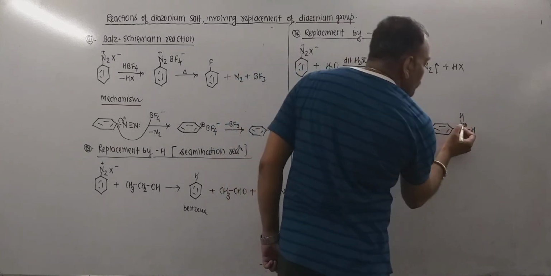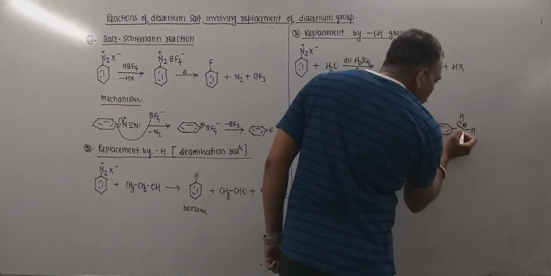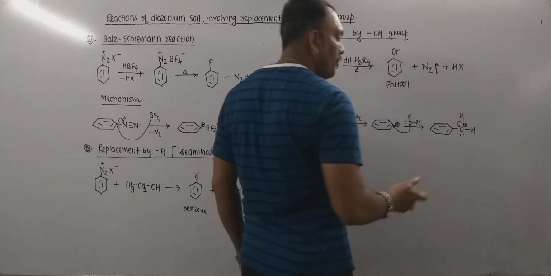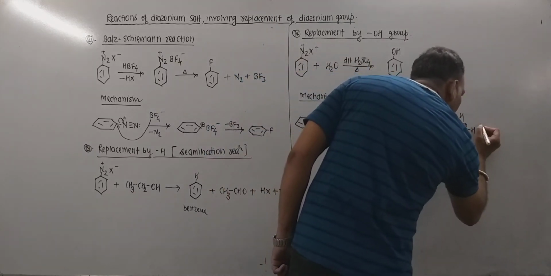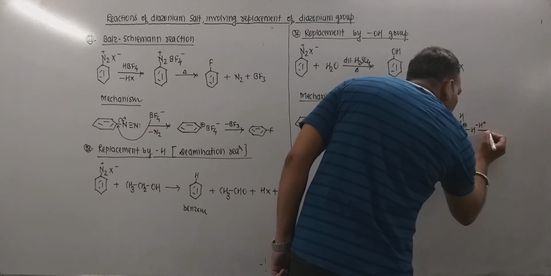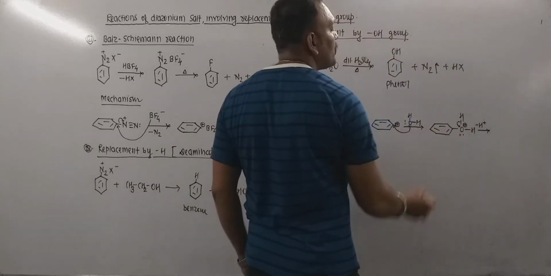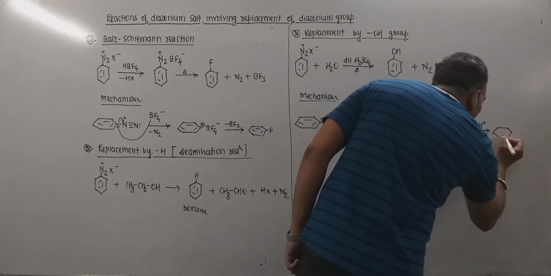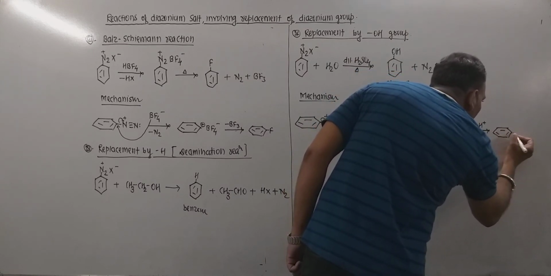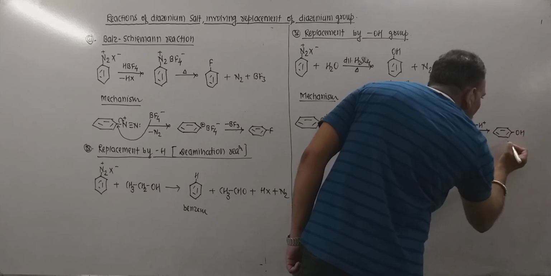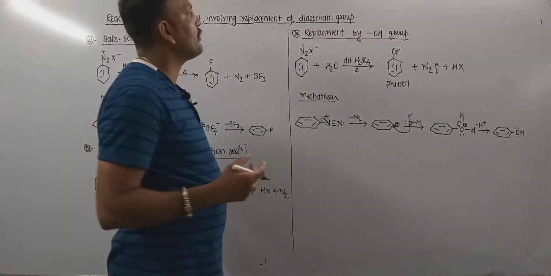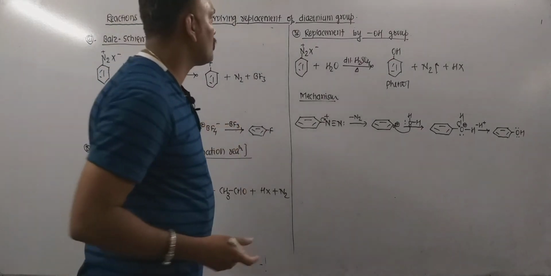Now this oxygen attracts the electron pair of this bond and nullifies its charge, thereby loss of a proton takes place. The next crucial step is the loss of the proton. This hydrogen in the form of a proton gets departed, leading to the formation of our product, which we call phenol. In this way phenol can be obtained starting from the diazonium salt.